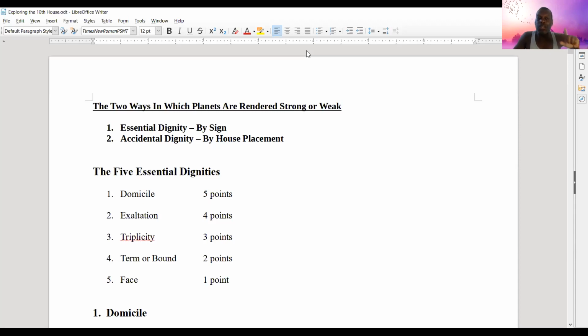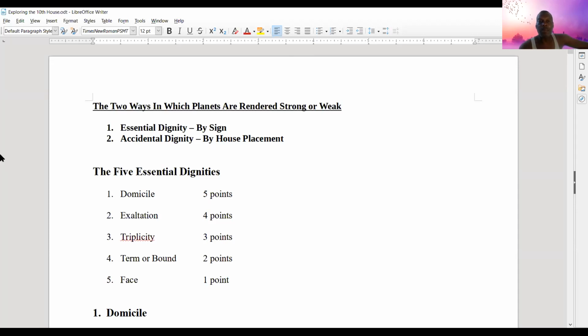But as we get to term and face, it really becomes about what specific degree, what that means for it. And we're going to look at what that means for the planet and what that means for its dignity. So there are 5 ways in which a planet can be dignified: by domicile, by exaltation, by triplicity, by term or bound, and by face.